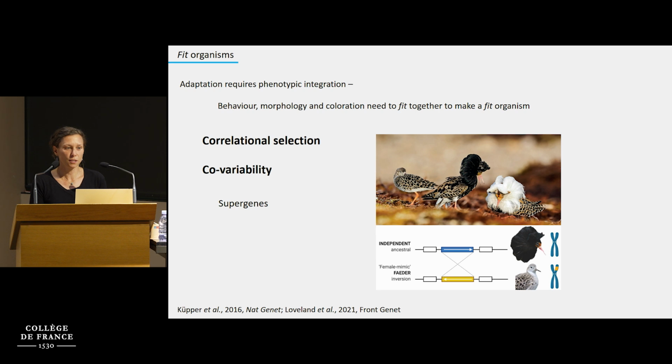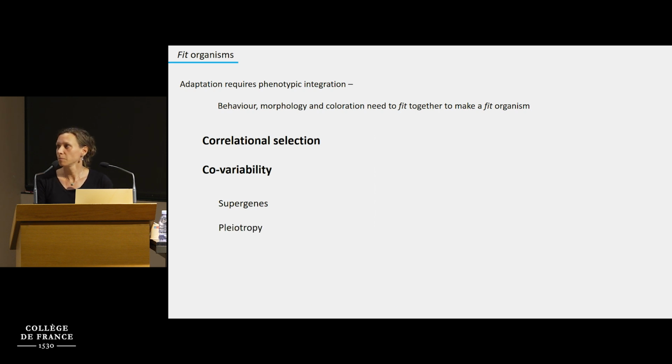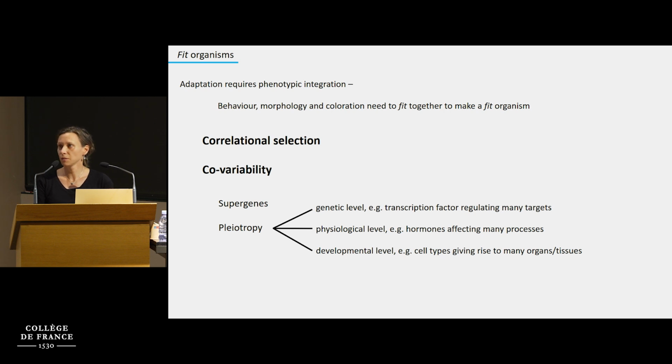But covariability can also be a little bit more subtle. For example, when you have pleiotropies, and pleiotropies can occur at many different biological levels. The obvious level is the genetic level, when there are transcription factors, for example, that influence many downstream target genes.